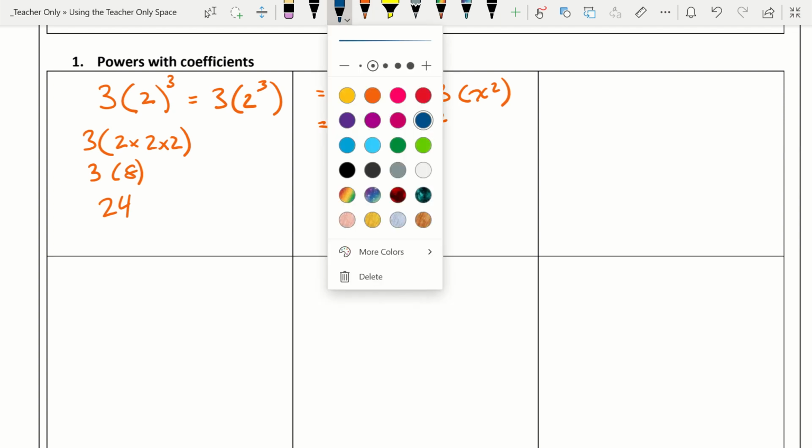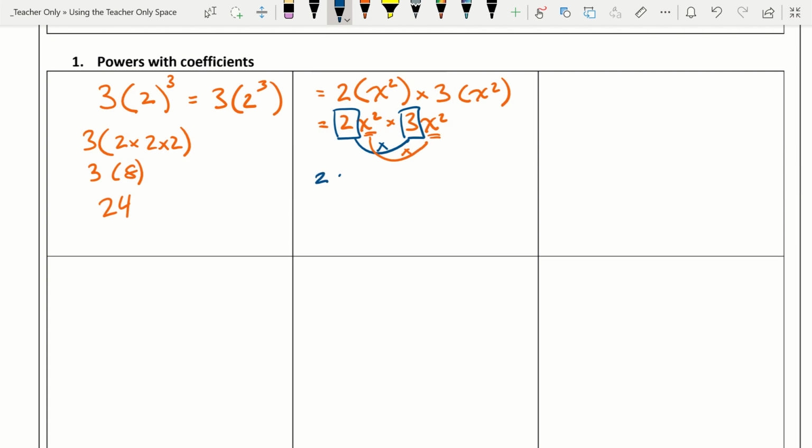So let's see what that looks like. So 2 times 3 and x squared times x squared. Remember, if you have powers with the same base and we multiply, we add the exponents. So 2 times 3 is 6, and then times x to the 2 plus 2. And we end up with 6x raised to the 4th.